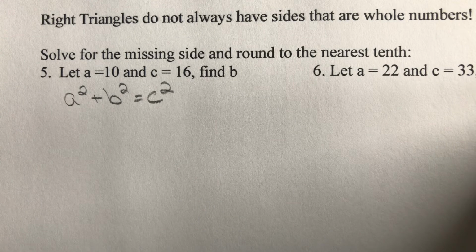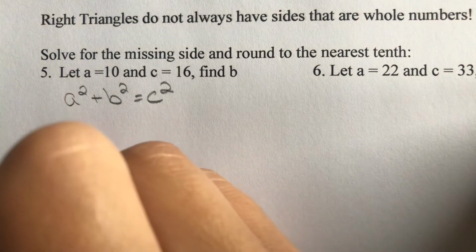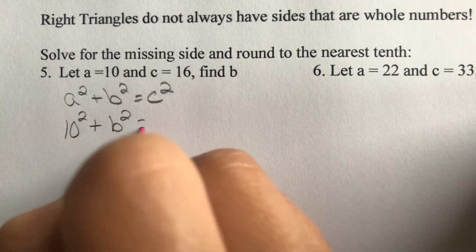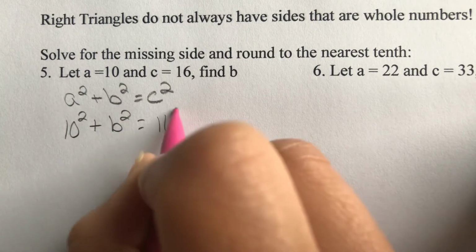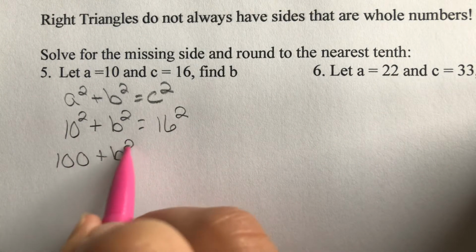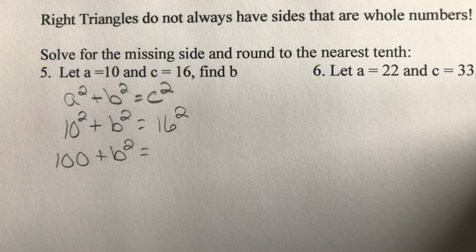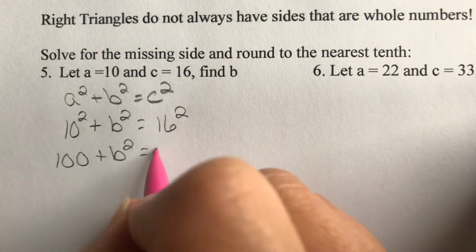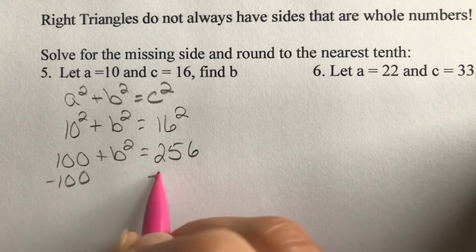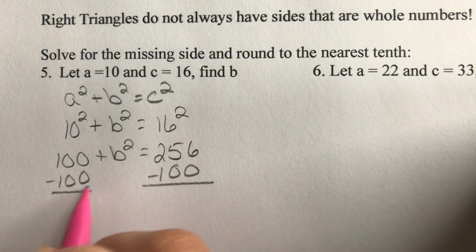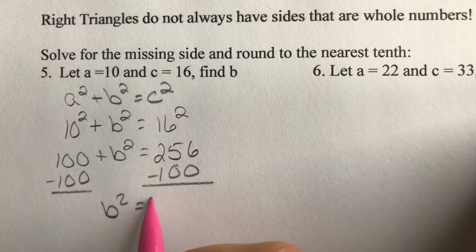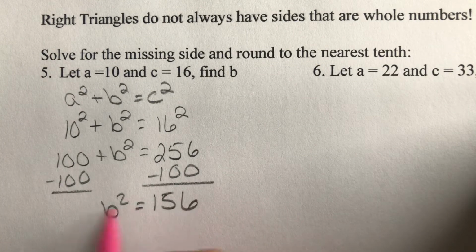Let A equal 10 and C equal 16. We're going to find B. 10 squared plus B squared equals 16 squared. 10 times 10 is 100. 16 squared is 256. Remember, we're subtracting here. B squared is equal to 156.